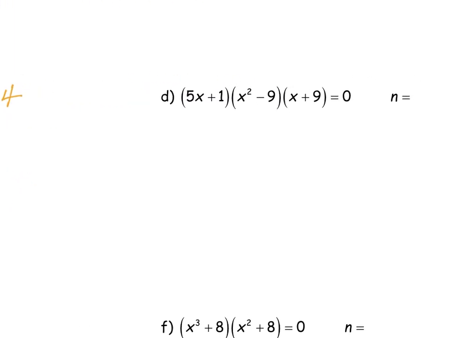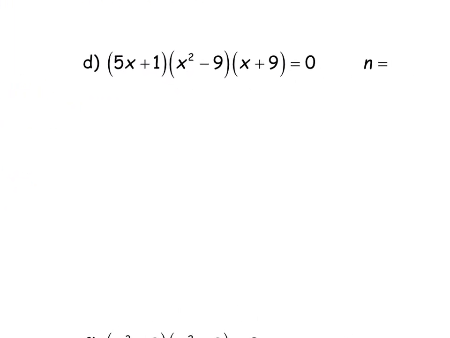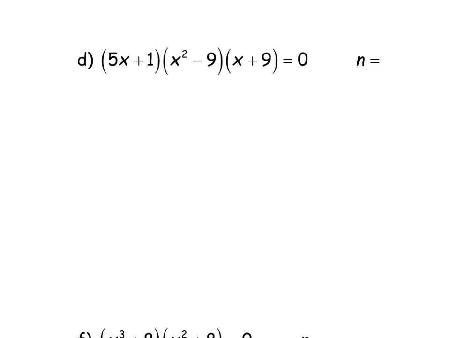And then this one, almost everyone missed this one. Okay? So I've got 5x plus 1 equals 0. I'm just going to write this one out. X squared minus 9 equals 0.